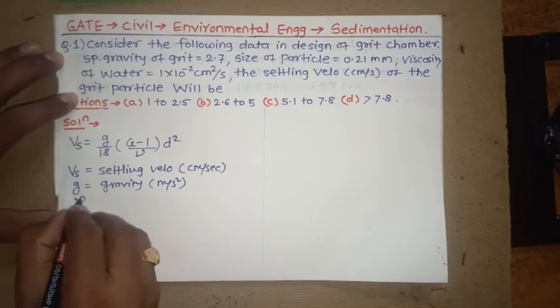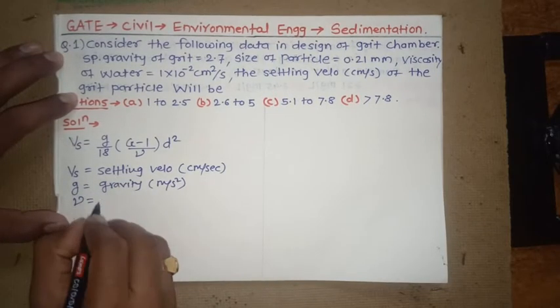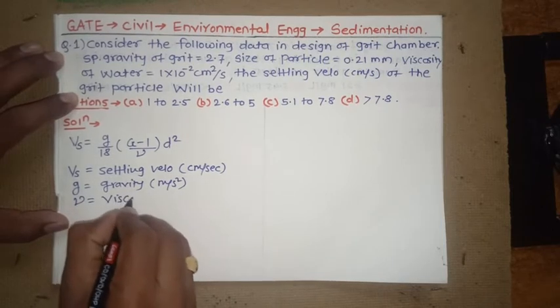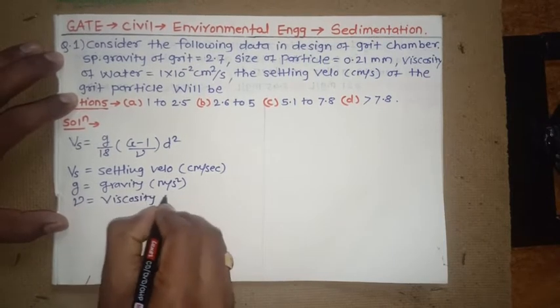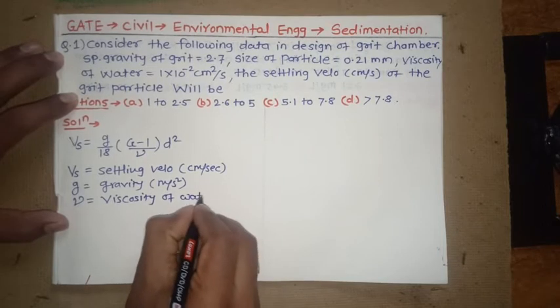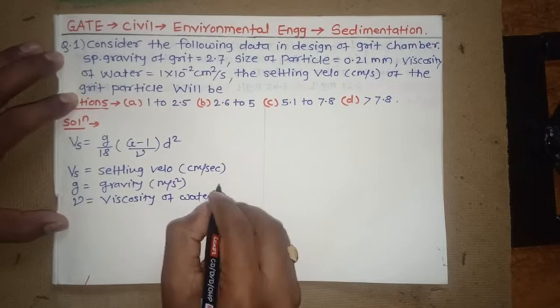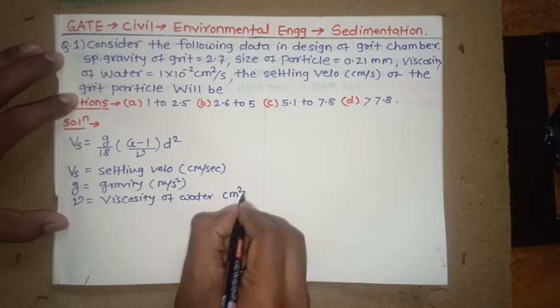Then nu is the viscosity of water, in centimeter square per second.